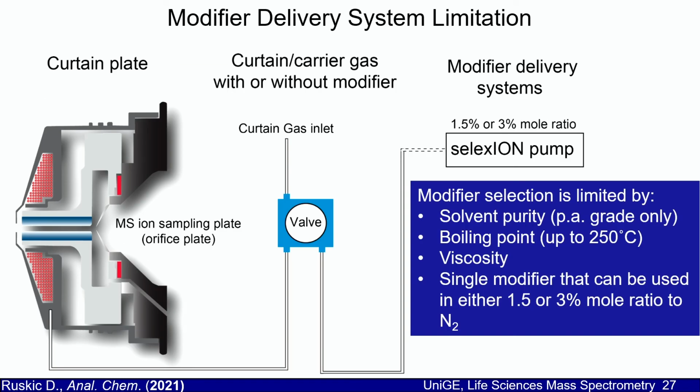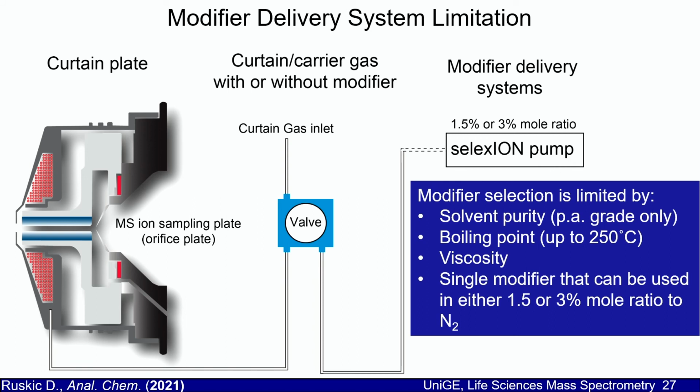This is because SCIEX decided to use a peristaltic pump for the SelexION. And it's limited to 1.5 or 3% mole ratio to the nitrogen, which was a bit annoying, but then we decided to do some modifications. So then solvent purity.